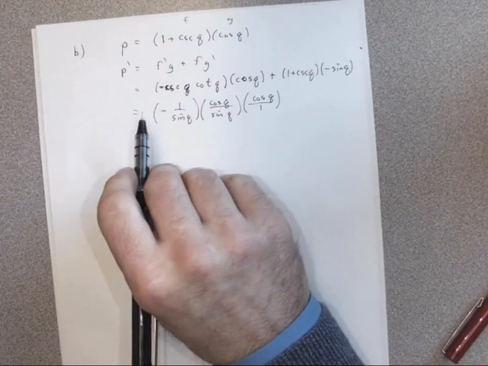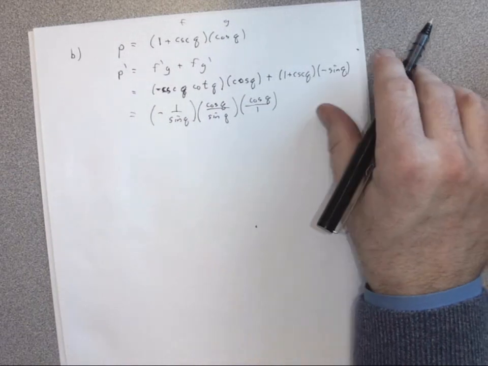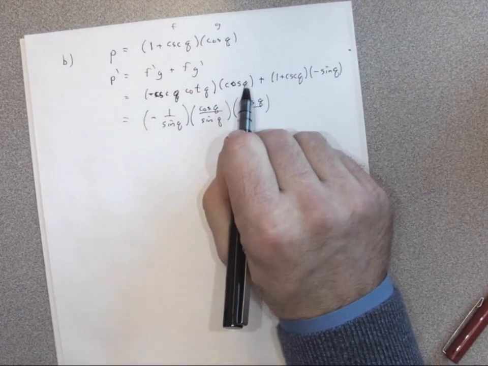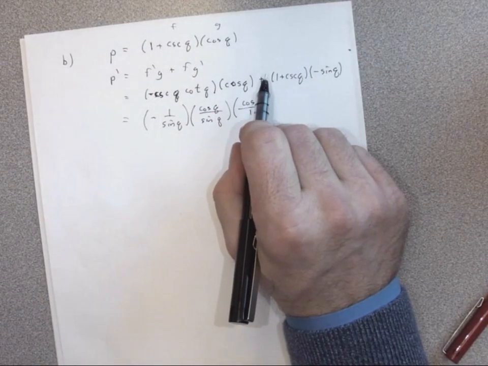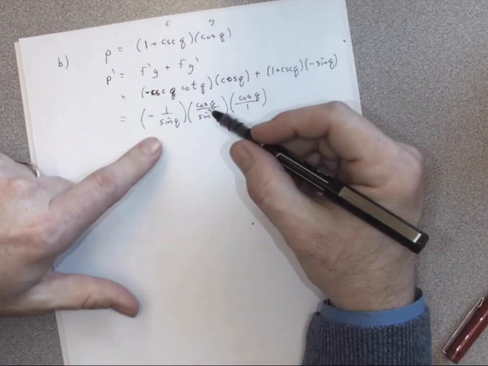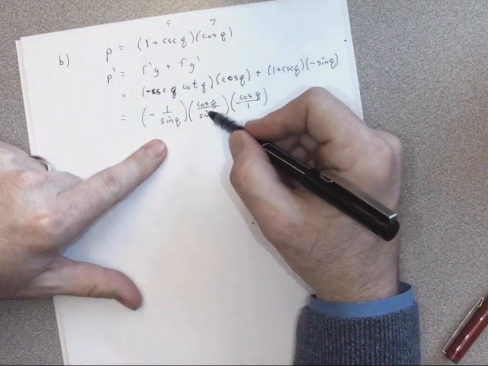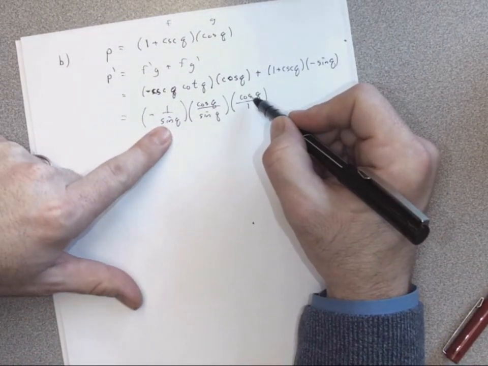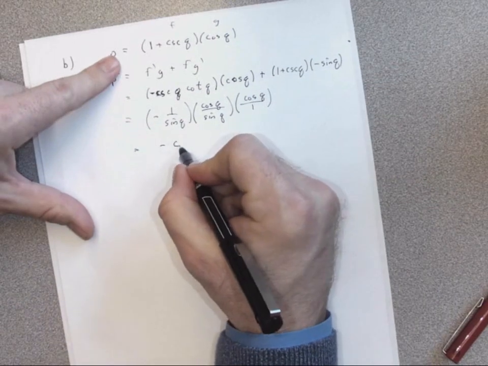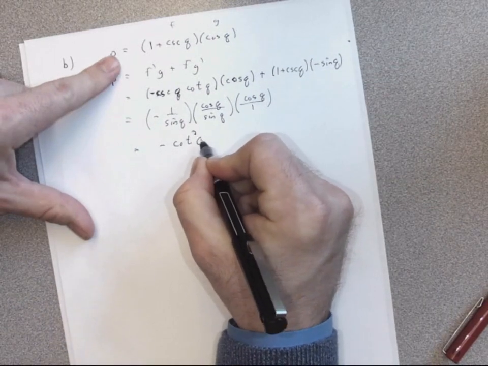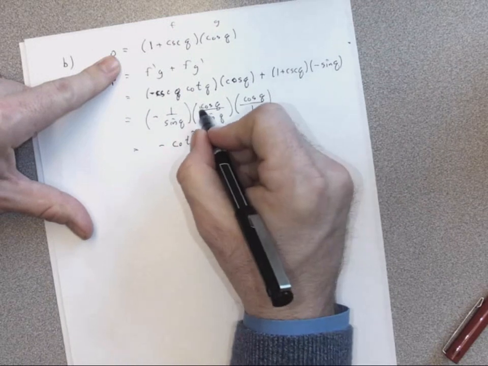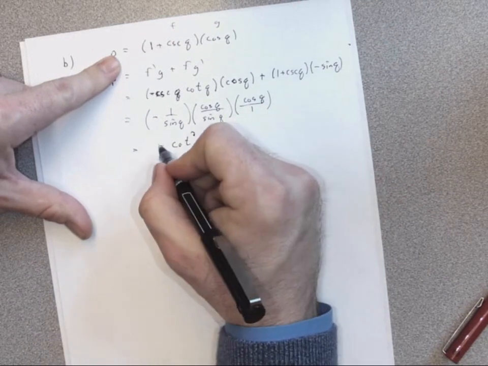I guess it doesn't simplify nicely, I was hoping. Those are the three terms. I guess it's not that bad, right? This is cotangent, and so is that, another cotangent. So this is actually negative the cotangent squared of q, because I got cosine squared over sine squared, but it's negative.